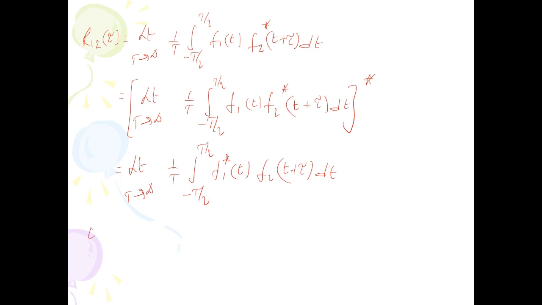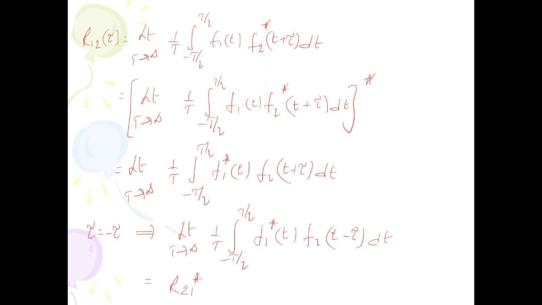When we replace tau with minus tau in this equation, we get limit T tends to infinity 1 by T integral minus T by 2 to T by 2 f1 star of t and f2 of t minus tau dt, and this is equal to R21 star of minus tau.